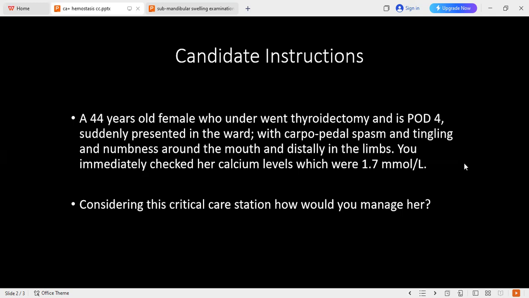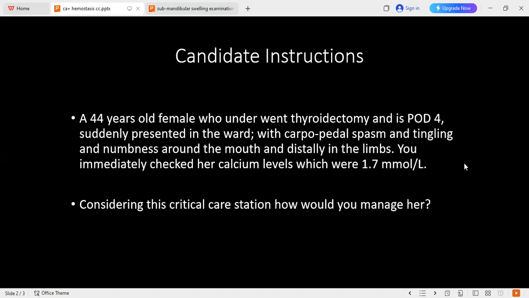I will also assess if there is any pneumothorax or pleural effusion, chest movement and oxygen saturation. Also, I will take ABG. Then I will move to circulation.